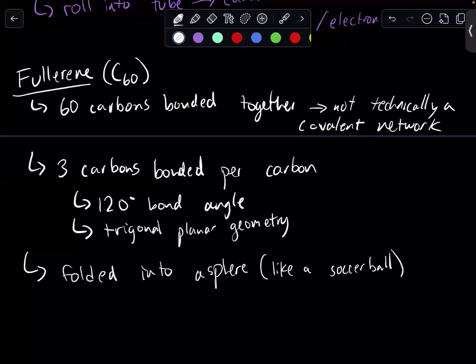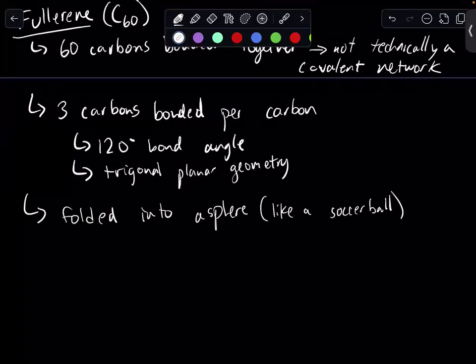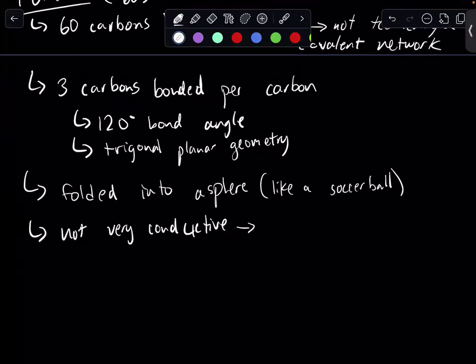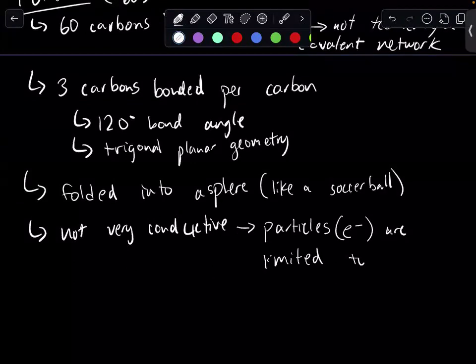Before I insert this image, we'll just go over its uses. It's not very conductive, and we'll see why in a moment. While it still has those delocalized electrons, the electrons are limited to each individual C60 molecule.